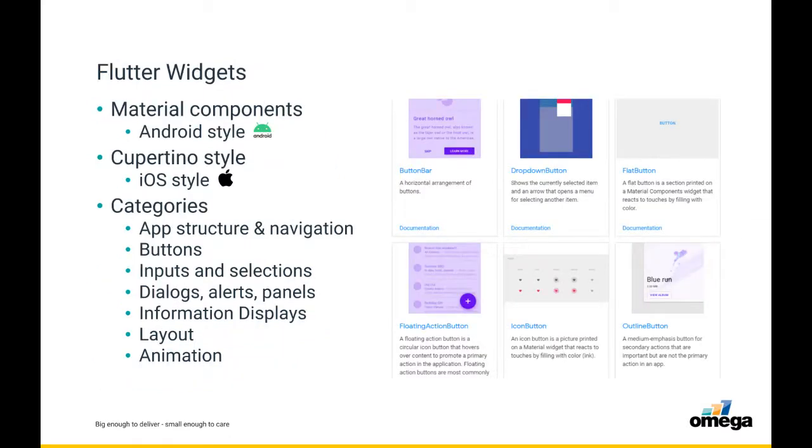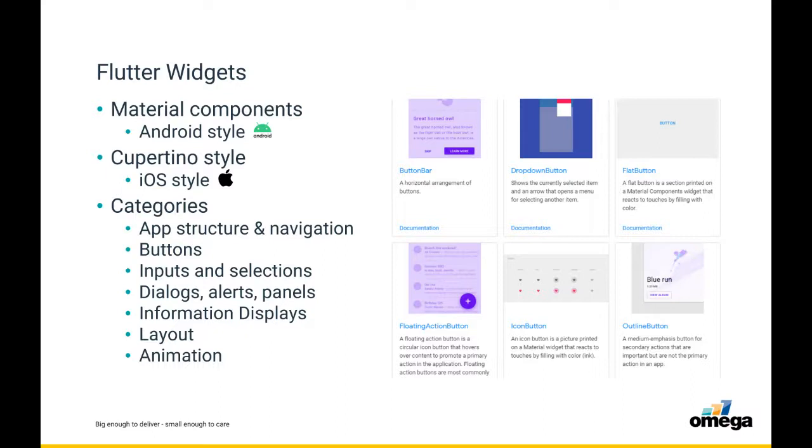Going further, it's worth noting the Flutter widgets that are included into the SDK. So the main components that are used by the applications we have developed so far were the material ones, the default Android style. In the screenshot to the right, you can see some of the variations for a button you could use.